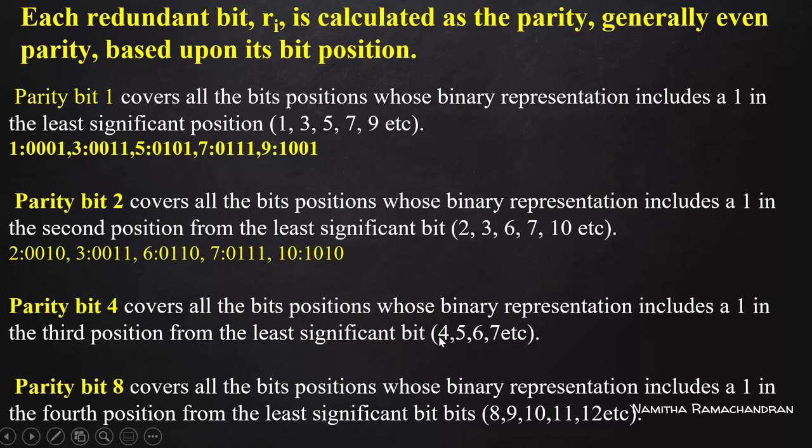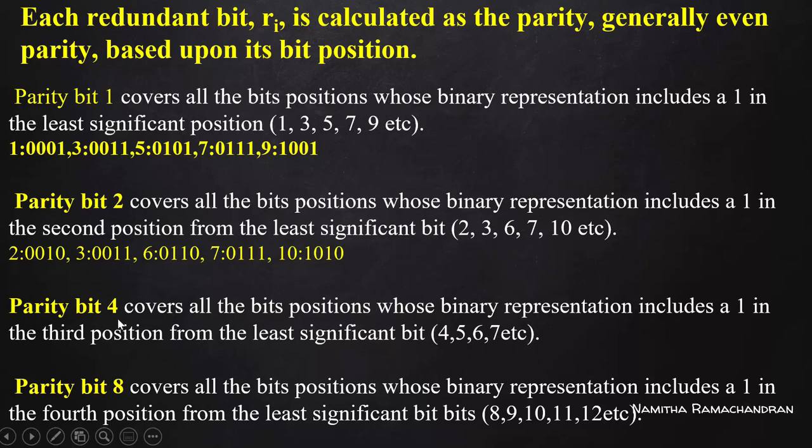For 4, the representation is 0, 1, 0, 0. The third bit position contains value 1. And for 5, this is 0, 1, 0, 1. The third bit position contains value 1. And for 6 and 7 also, the third bit position contains value 1.